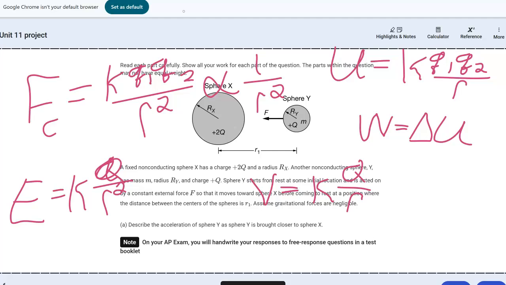And then another one is that inside the conductor, an electric field will be 0. So the enclosed Q, Q enclosed, will equal 0.